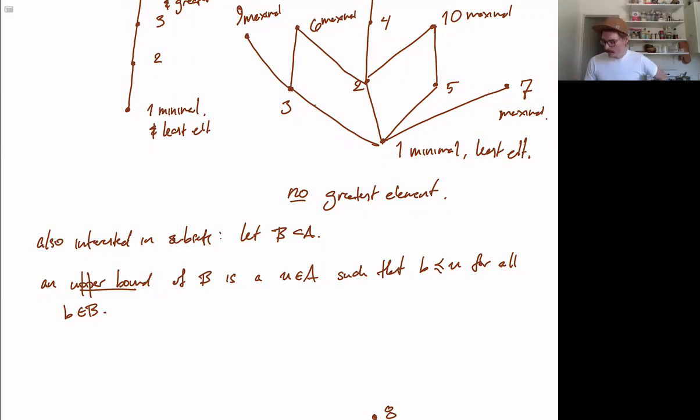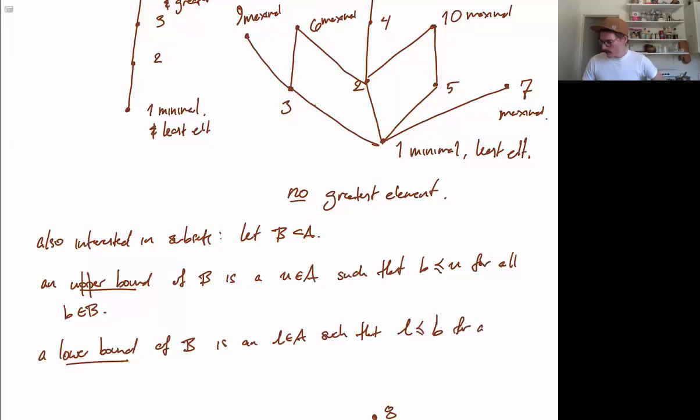And similarly, a lower bound of B is an element L in A such that L is less than or equal to every element of B.